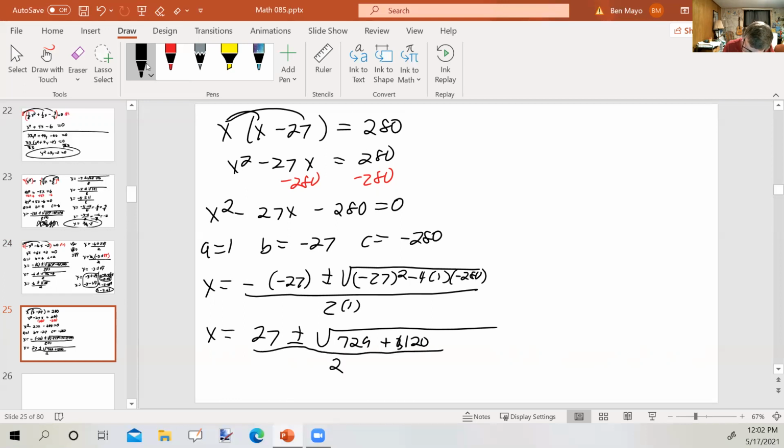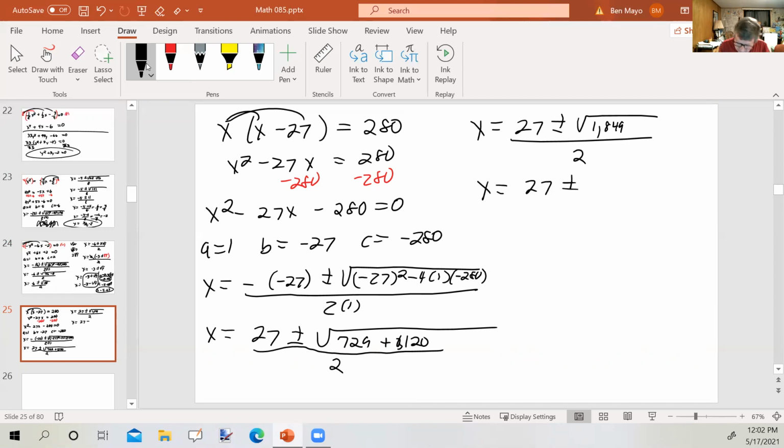all over 2. So x equals 27 plus or minus the square root of, let's see, 1120 plus 729 is 1849. That's not the year I graduated from high school. So then x equals 27 plus or minus. Let's hope that 1849 is a perfect square. Let's see. It is. Nice. 43.